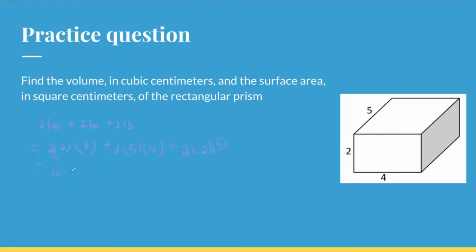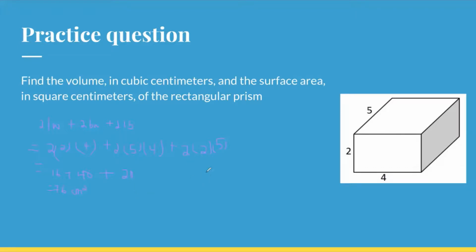equals 16 plus 40 plus 20, which equals 76 centimeters squared for surface area.